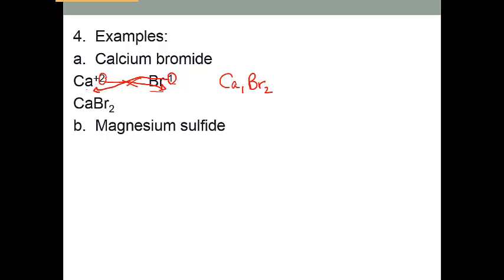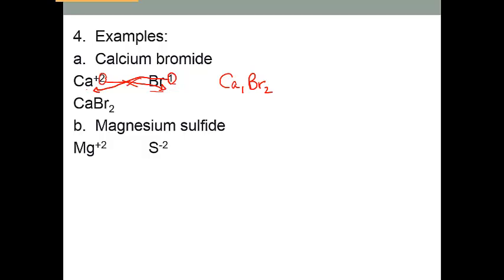Let's try magnesium sulfide. Magnesium is in family 2, so it has a +2 charge, and sulfide is the element sulfur. We change the ending to sulfide. That is the capital letter S, and it is a -2. At this point, you should have the first 2 rules written down.